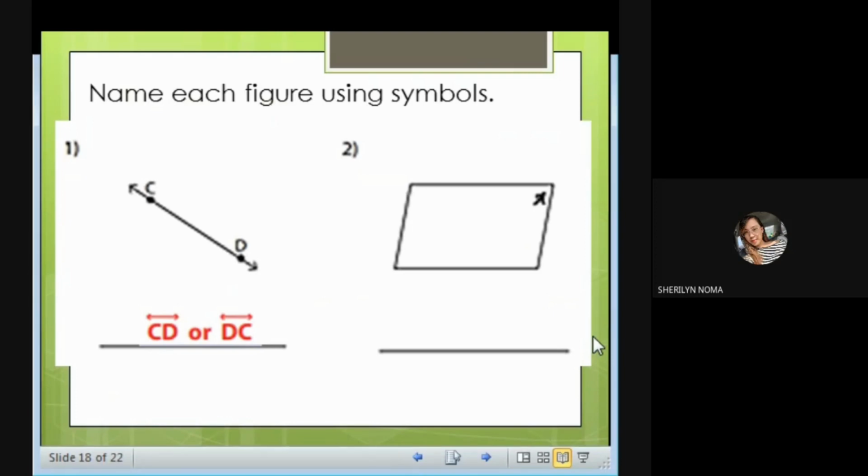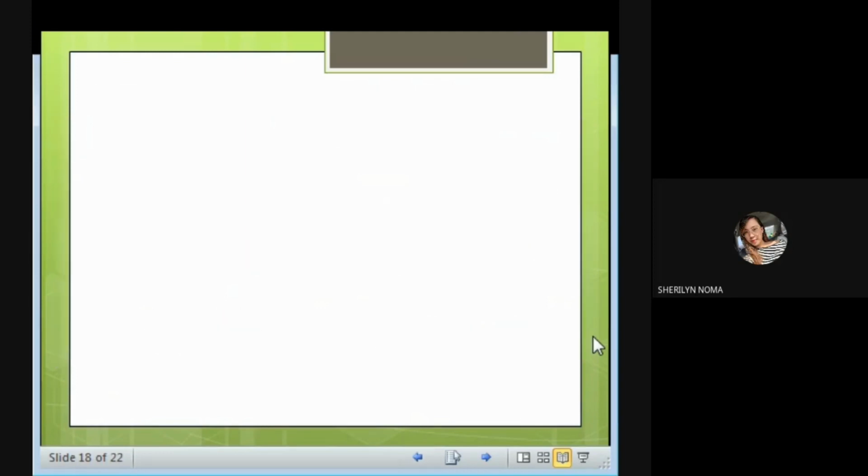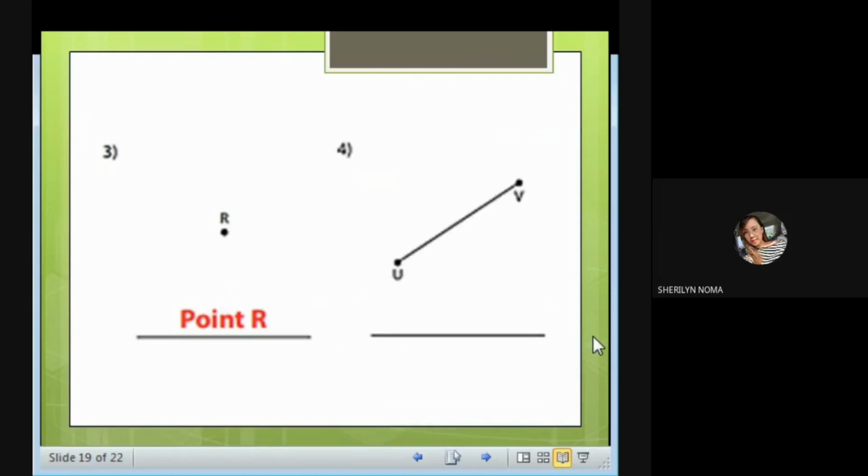You can name this figure as plane A. Number 3, how will you name this figure? We can name this figure as point R. Number 4, how will you name this figure? This figure is line segment UV or line segment VU.